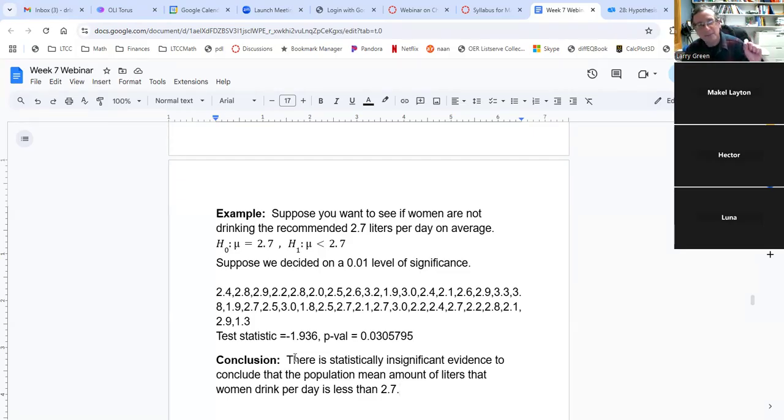You can't say that means it equals 2.7. It might be our sample size is too small. Who knows? So you can't make any conclusion. Just say we have statistically insignificant evidence. What you can do is look at a confidence interval, and then you can be 95% confident that it's within this certain amount, and that tells you something different. So that's where confidence intervals kind of help.